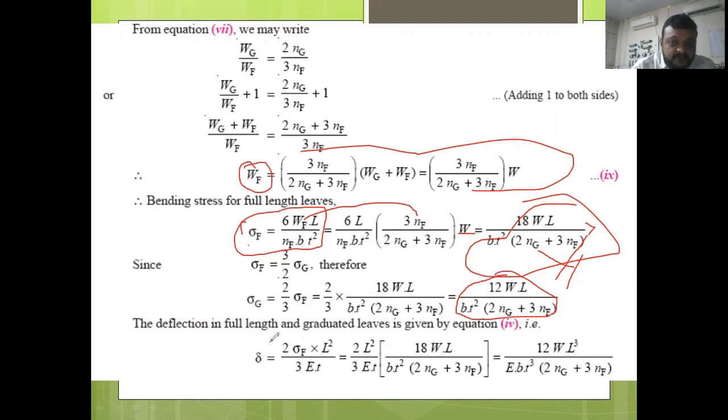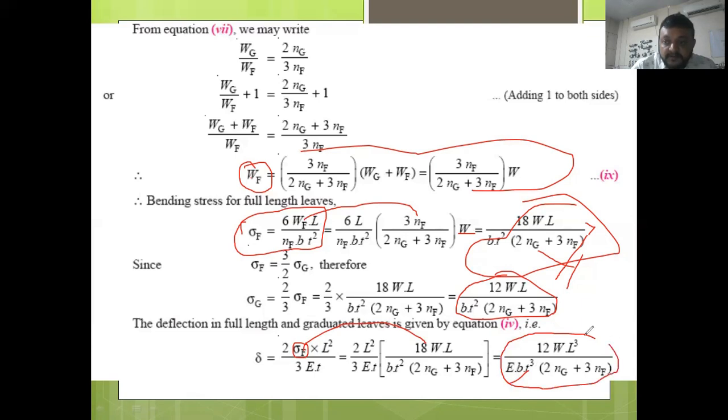And the deflection in the full length and graduated leaves is given by the equation twice sigma F into L square upon 3 E T, in which we put the value of sigma F that we already derived in the upper equation, and simplifying will give this delta that you have to remember.